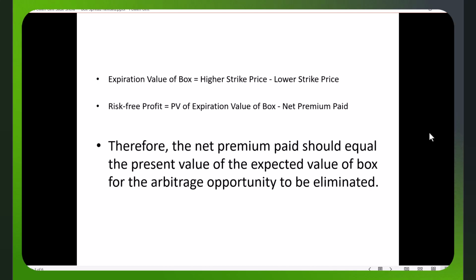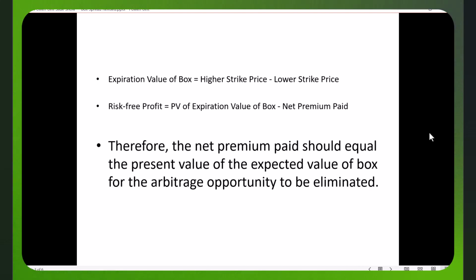Expiration value of the box equals the higher strike price minus the lower strike price. The risk-free profit, if there is any, equals the present value of the expiration value of the box minus the net premium paid. Therefore, the net premium paid should be equal to the present value of the expected value of the box for the arbitrage opportunity to be eliminated.